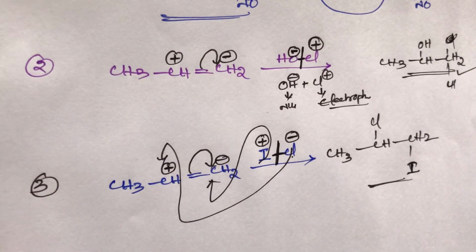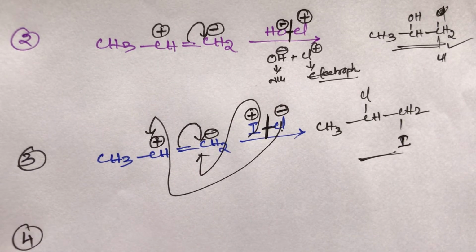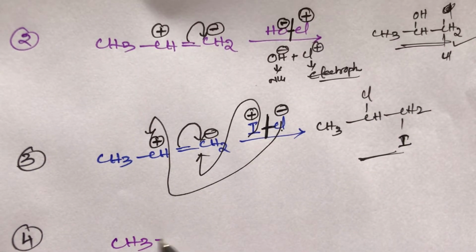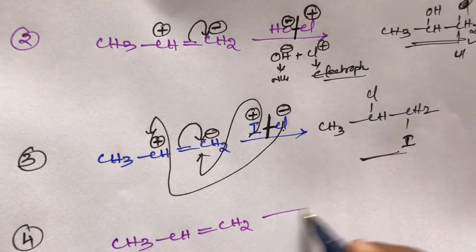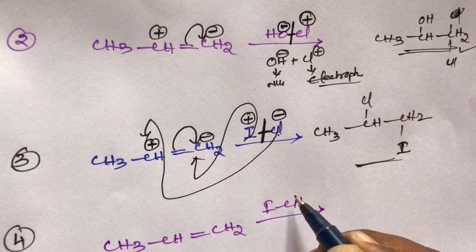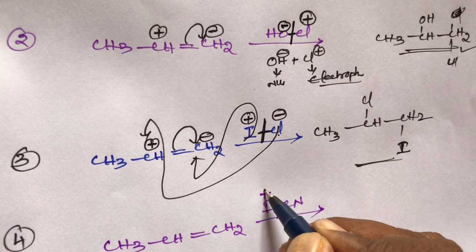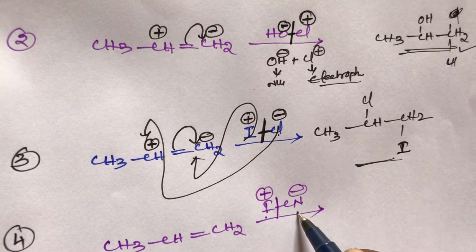Now the fourth application is ICN. CH3 CH double bond CH2 in the presence of ICN. We know it is I plus and CN minus. Iodine is the electrophile, CN minus is the nucleophile.